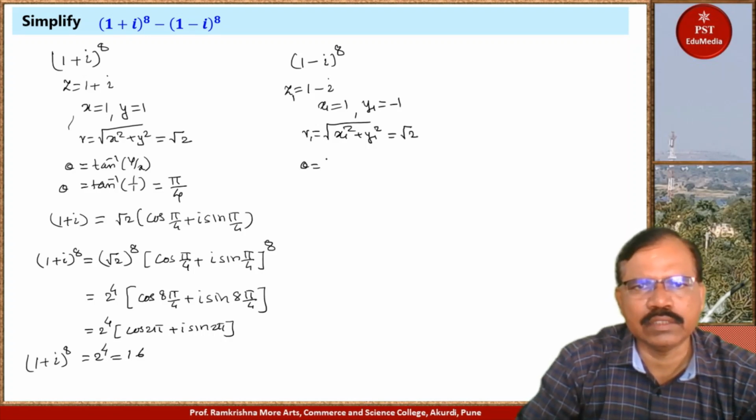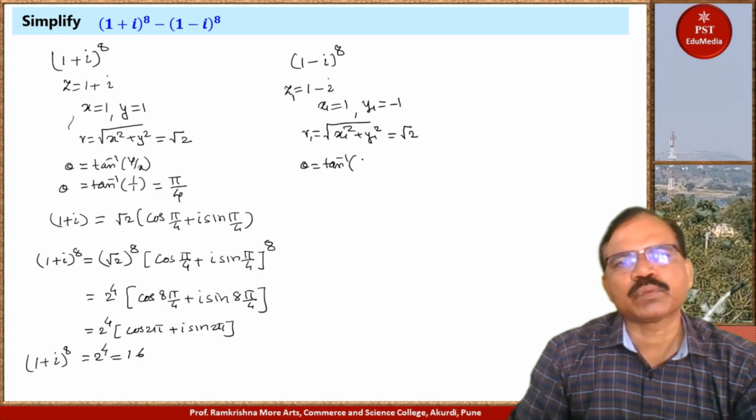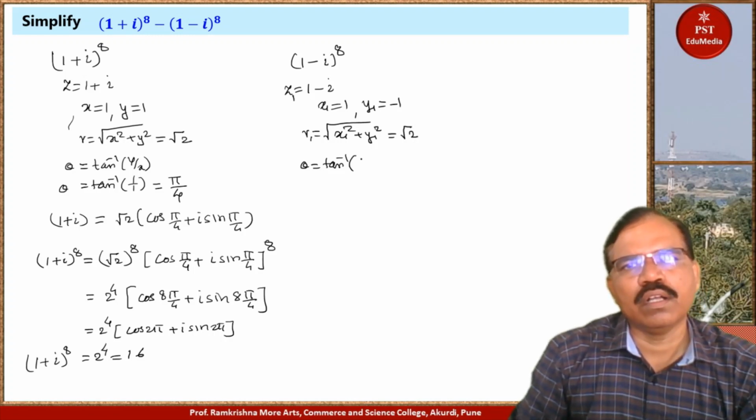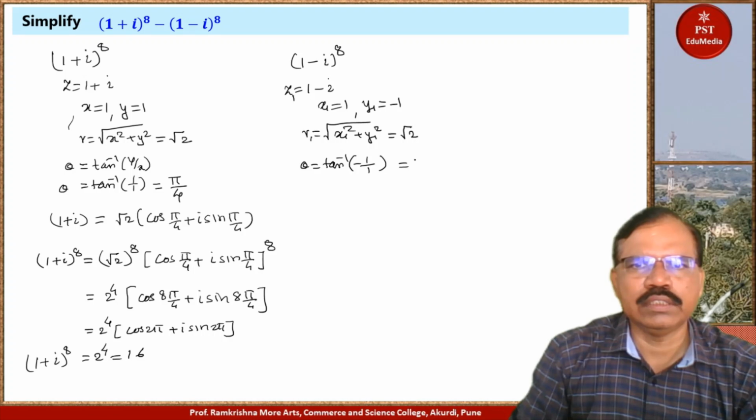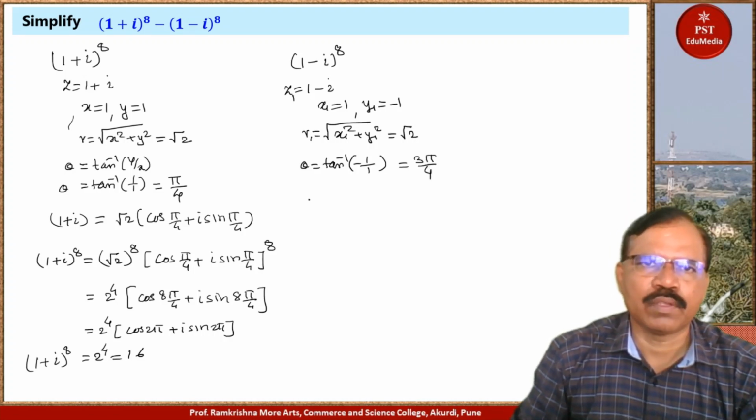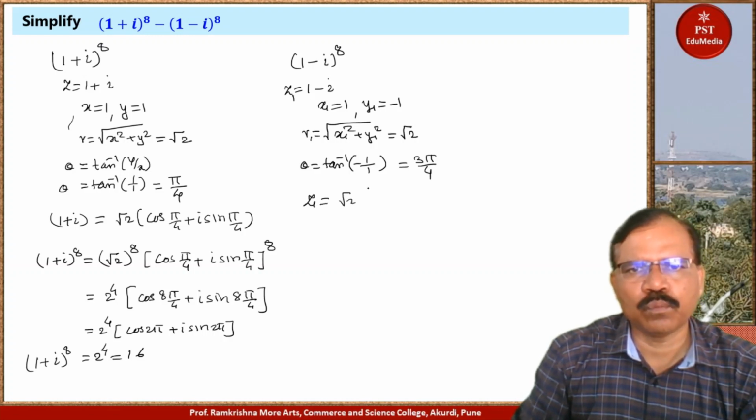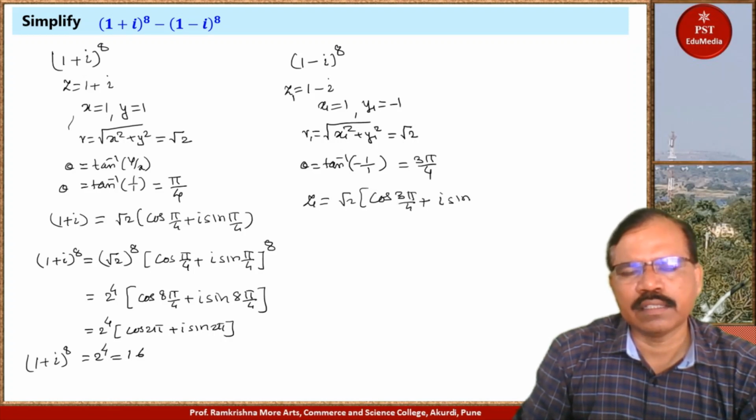And theta is equal to tan inverse minus 1 upon 1, that is minus 1. So this is 3 pi by 4. So what is z1? z1 is equal to root 2 cos 3 pi by 4 plus i sin 3 pi by 4.